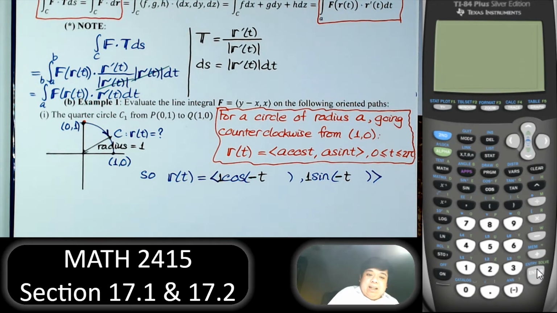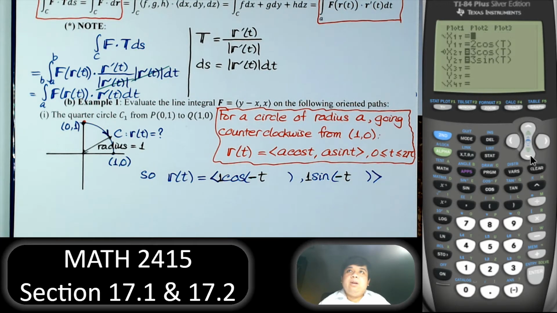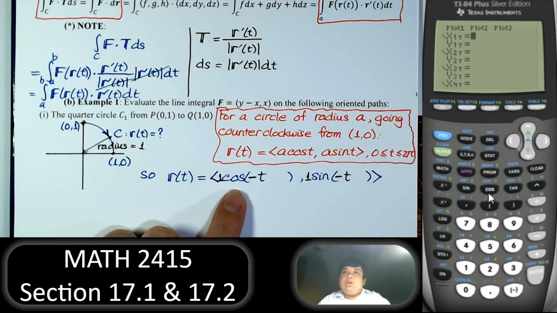Let's just graph it and see what happens, in parametric form, keeping it in radians. x equals cosine of negative t, and y equals sine of negative t.